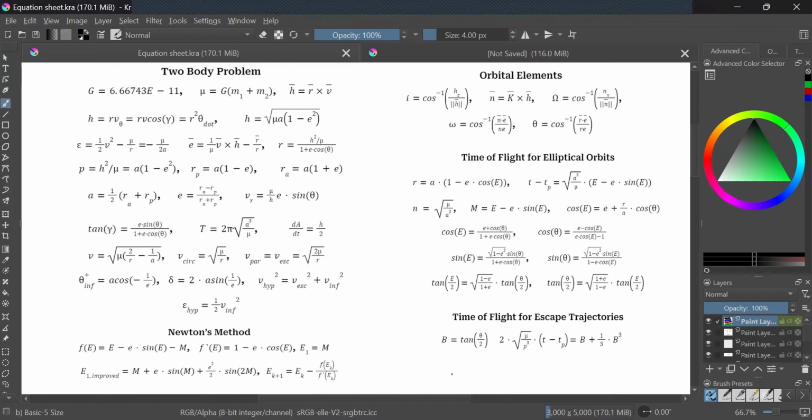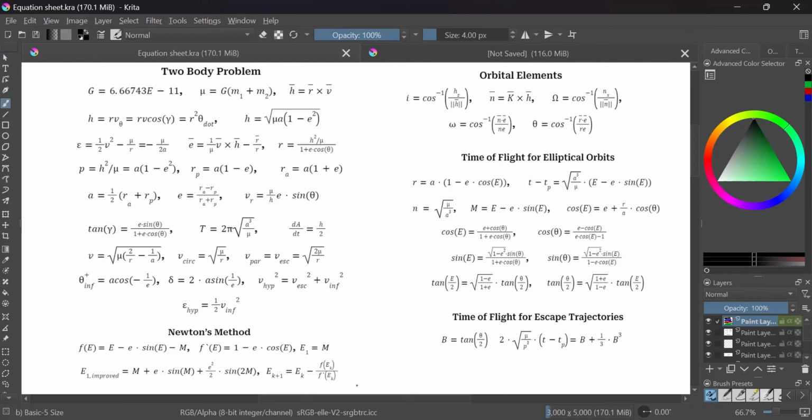I noted that I did not have an equation set for Newton's method, which I guess I don't really need, but it's my equation sheet. I think it's nice to have. Speaking of equation sheet, I will be taking that time to look at finishing up and including my equation sheet on every video that I've posted so far. So be on the lookout for that. And then I can stop thinking about it.